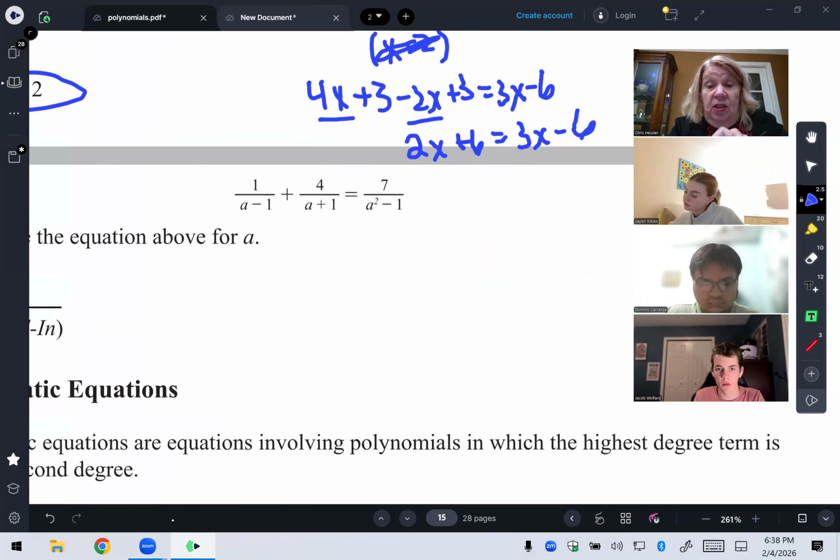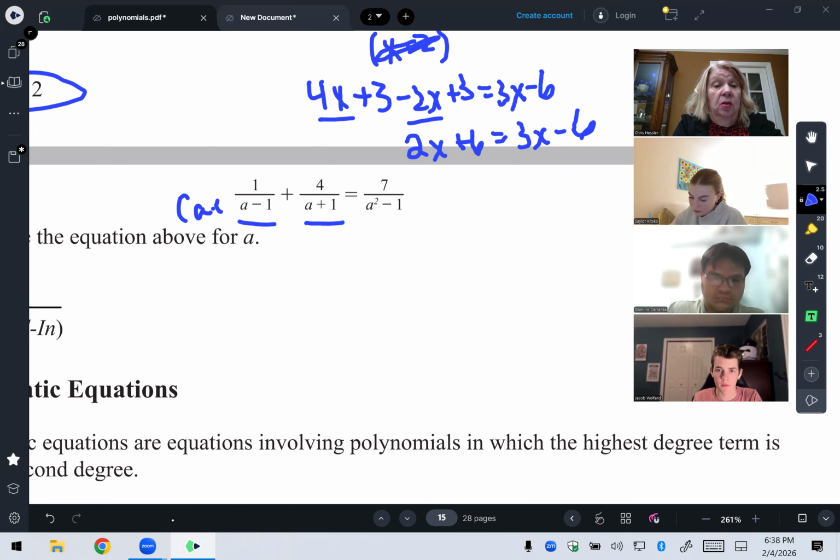Break at 7, so just stay with me. Don't fall off the merry-go-round. So this one, common denominator, right? We need a common denominator because we can't add a minus 1 and a plus 1. But we could multiply this by a plus 1 and the top by a plus 1.